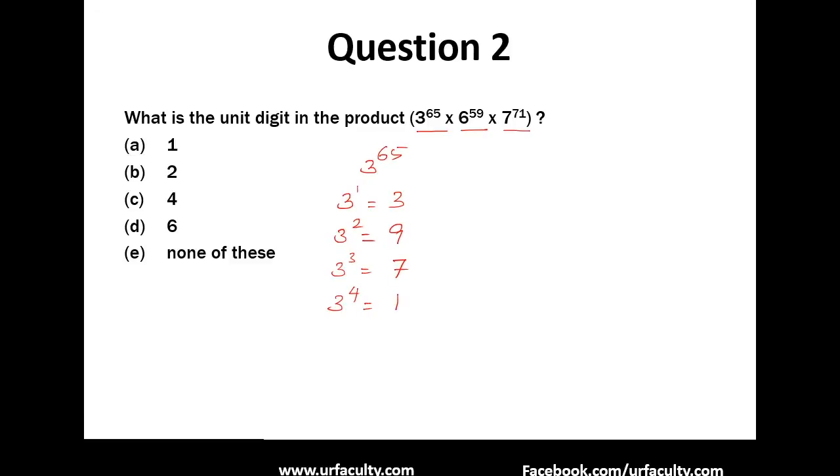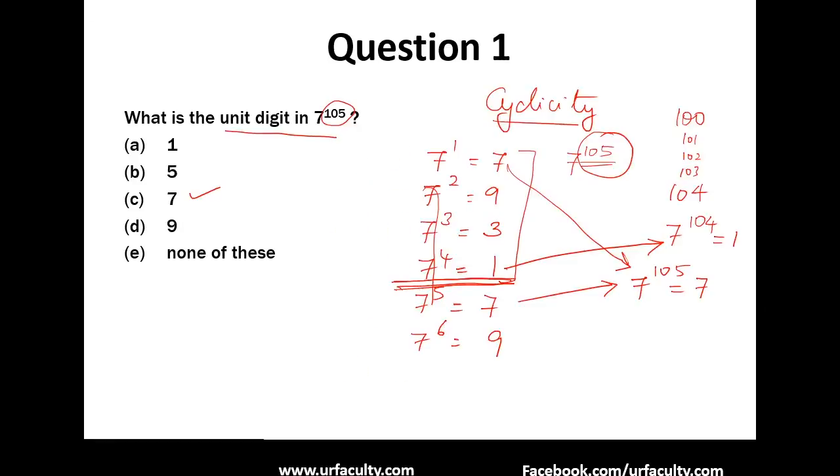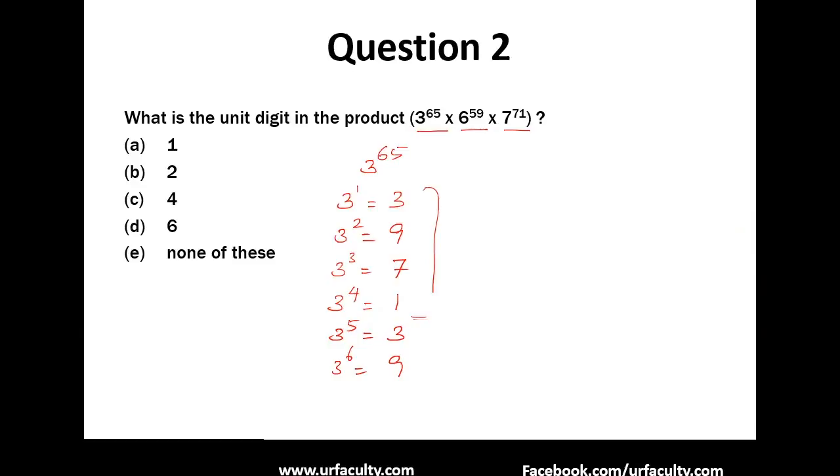In this case, 3 to the power of 5 gives 3, 6, 9. So we know that after every 4 powers, there is a repetition. What do we do in this case? It is 3 to the power of 65, and if we look at the multiples of 4, we know that 60 is a multiple of 4. 15 4s are 60.